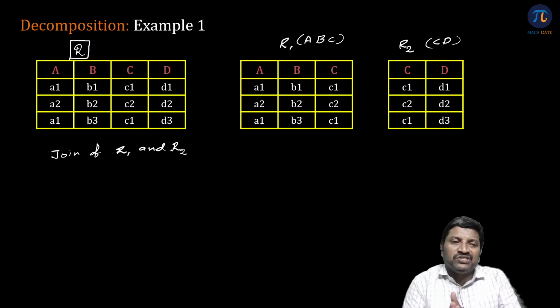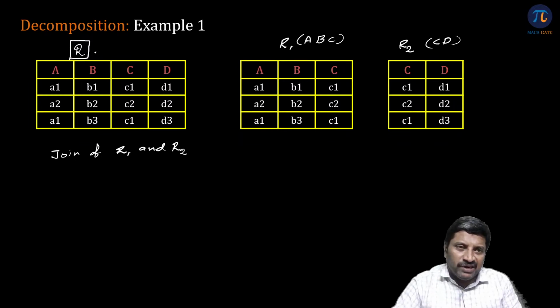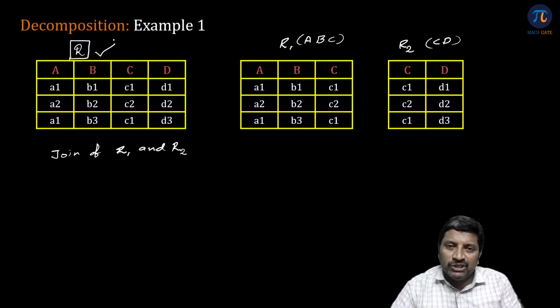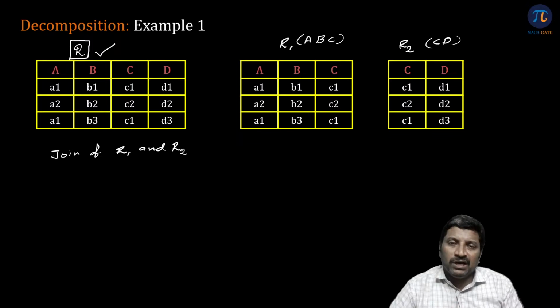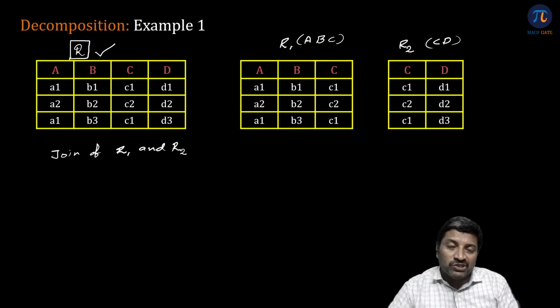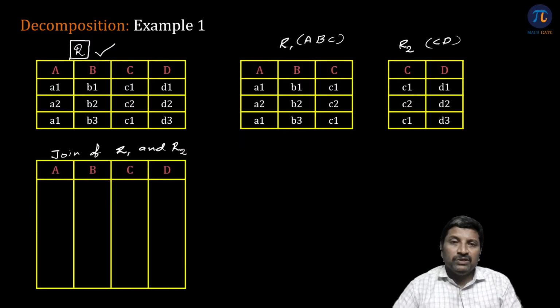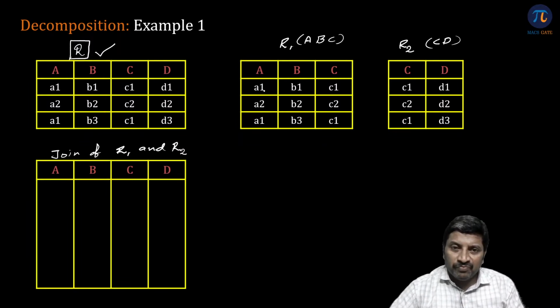If we get the same table R, there is no loss for decomposition, because whenever I don't want the decomposition, I can go back to the original state. So that is the meaning of lossless. So now let us do the join of these two and verify whether we are getting the same original table or not.